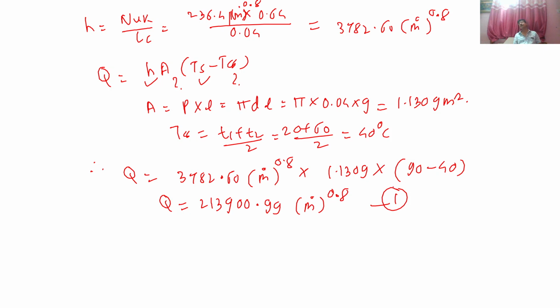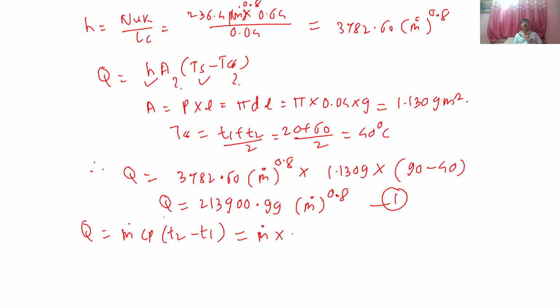Here I don't know Q, and I don't know m dot, so find Q by another method. For internal fluid flow through a channel, there is another formula for Q: Q is equal to m dot Cp (T2 minus T1). What is m dot? That is unknown. What is Cp?